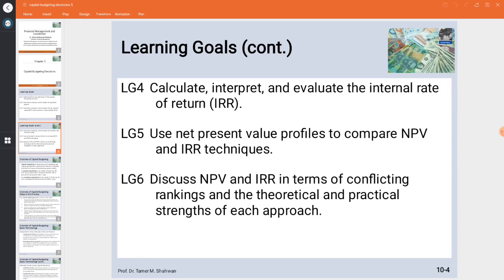Fourth approach, internal rate of return and profitability index. Also, we aim to discuss the situation where NPV and internal rate of return will be in conflict, because sometimes you could have conflicting ranks when you are using NPV and internal rate of return.